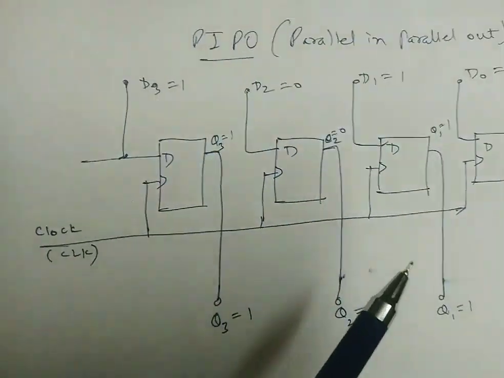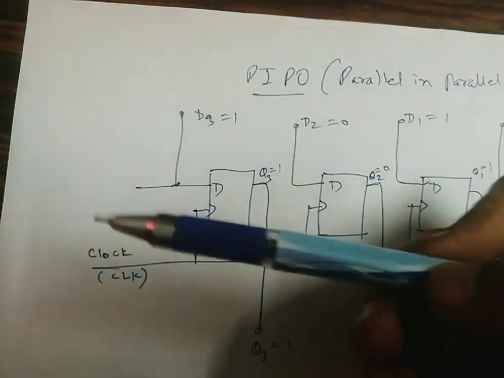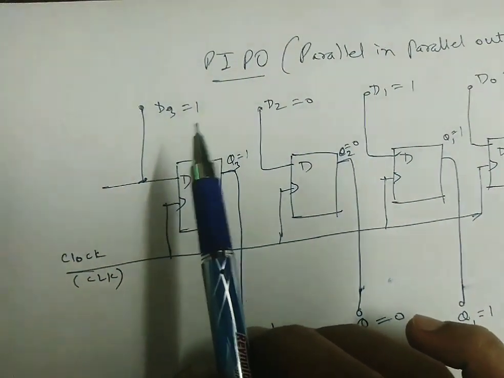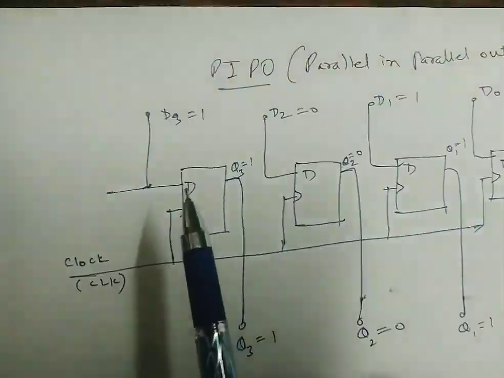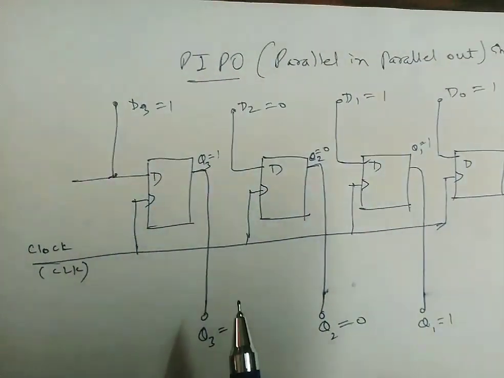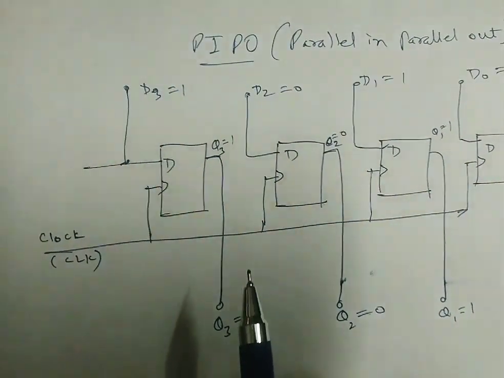This is the easiest of all the 4 shift registers, since as soon as we apply the data 1011, it is available on the respective input lines, as well as on the respective output lines of the respective flip-flops.